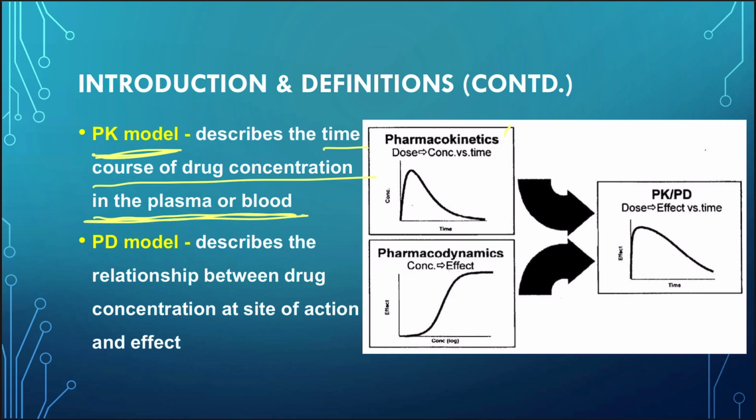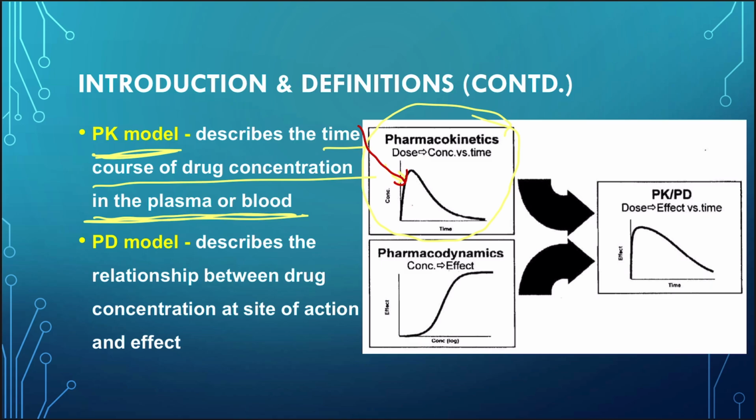Here you can see the graph for the pharmacokinetic model. As you can see, when we give a drug, initially the drug gets absorbed. Let's consider that we are not giving the drug by the intravenous route, because in the intravenous route there is no absorption; the drug directly enters the blood circulation. So here we are giving a drug by a route which is not intravenous.